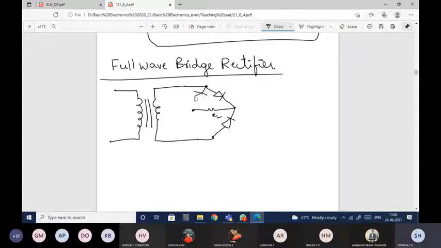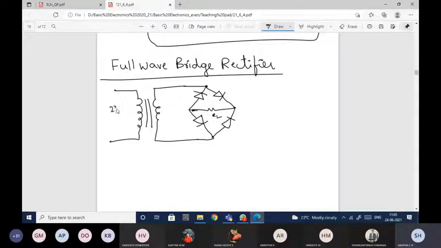This is how the bridge rectifier is connected. Okay, so this is your bridge rectifier, and there is no center tapping.